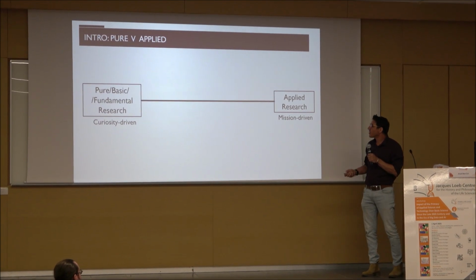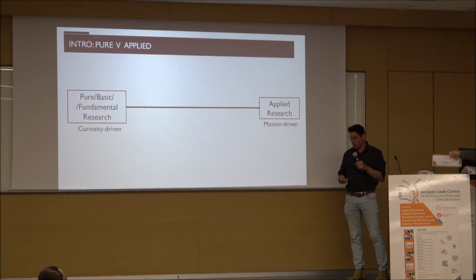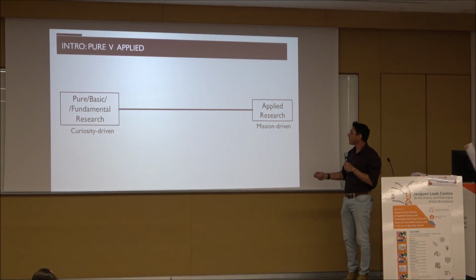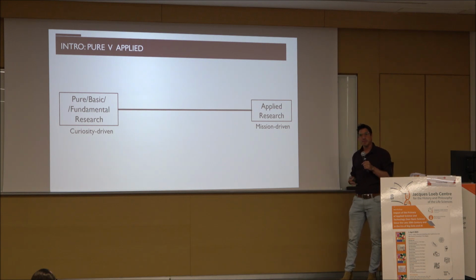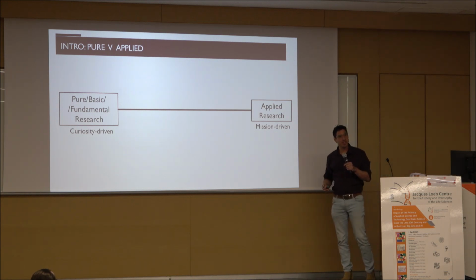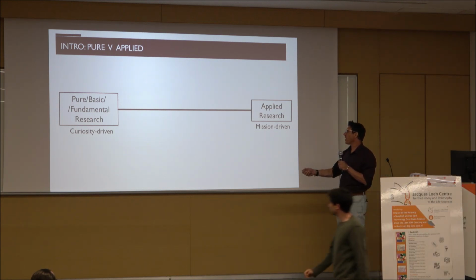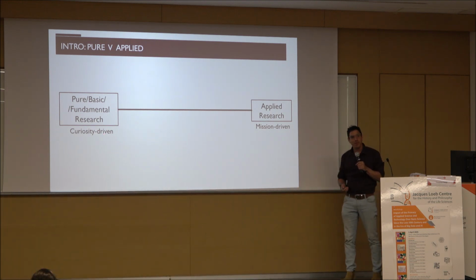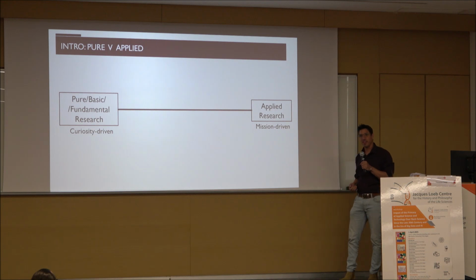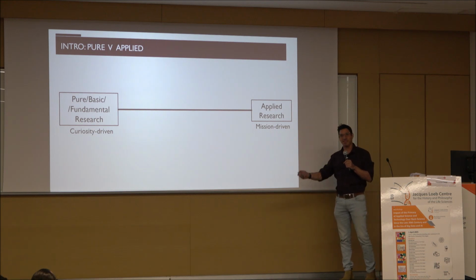Right? So the introduction is first we need to understand what we mean when we say pure versus applied science. To me, it's a very simple distinction. Pure science is driven by curiosity. I want to understand this because that's what I want. We're like kids in a playground. We want to build towers out of sand or play with that thing because that's just what we want to do.